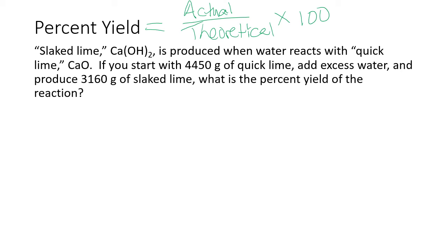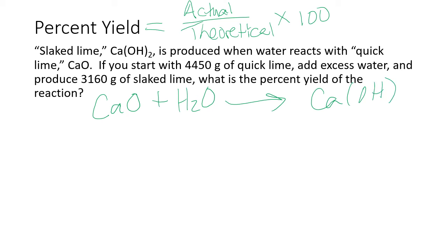lime is produced when we take quicklime, which is calcium oxide, and we react it with water. So in here I've taken CaO plus H2O goes to my Ca(OH)2. So I just need to balance this.